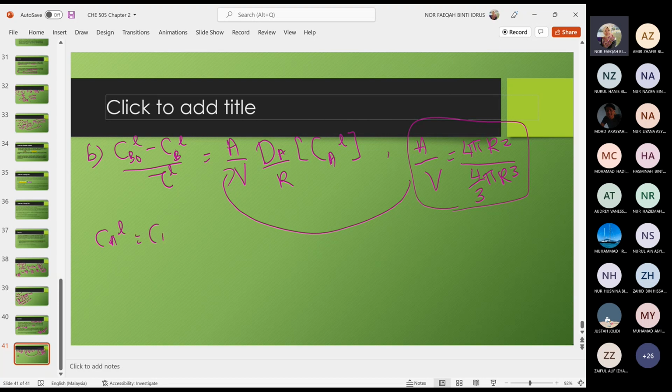CAL equal to CA naught 1 minus X, conversion given. CBL, CB naught yang ni given. CA naught given. So tak ada masalah. CBL, CB naught 1 minus X. X dua-dua 0.9. So sepatutnya tak ada masalah lah untuk kira all the unknown value.